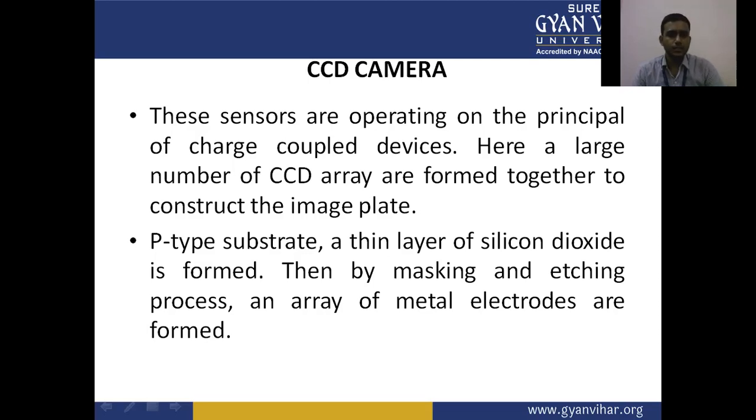These sensors operate on the principle of charge coupled devices. Here, a large number of CCD elements in an array are formed together to construct the image plate. On a P-type substrate, a thin layer of silicon dioxide is formed, and by masking and etching, an array of metal electrodes is formed.